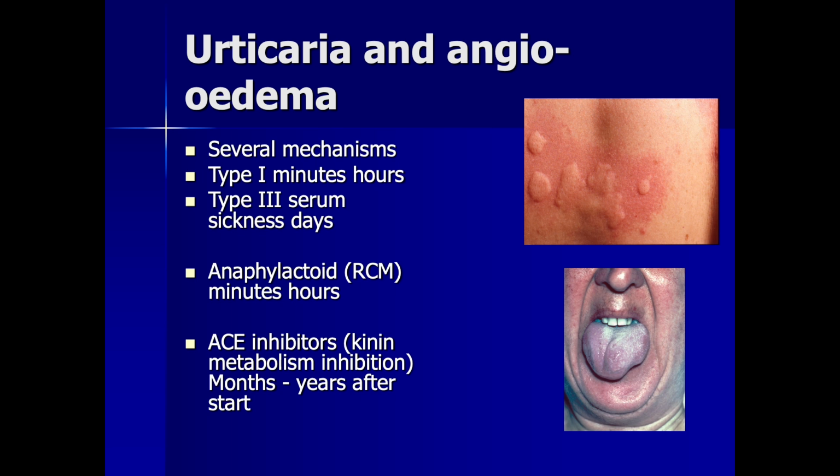Urticaria and angioedema is one of the often late complications of ACE inhibitors, and this is particularly problematic in people of Afro-Caribbean origin because angioedema and urticaria may develop months or even years after starting the drug.